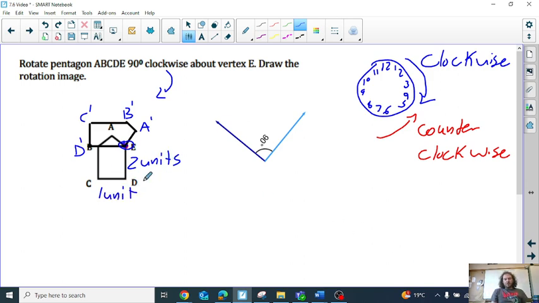All I really have to do is, instead of trying to rotate C about point E, I'll rotate the directions. Instead of going down 2 units and to the left 1 to get me from E to C, I'm going to take these directions and rotate those 90 degrees. So this down 2 units is going to become left 2 units, and this left 1 unit is going to become up 1 unit.